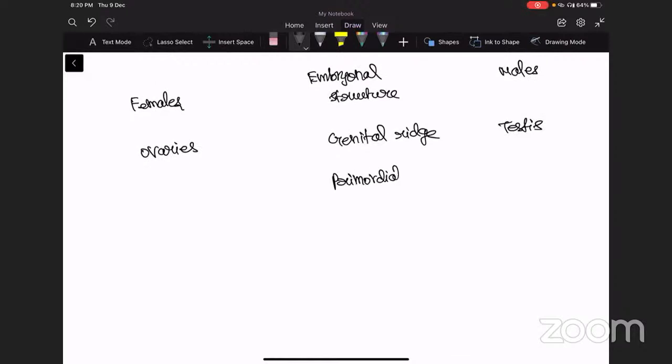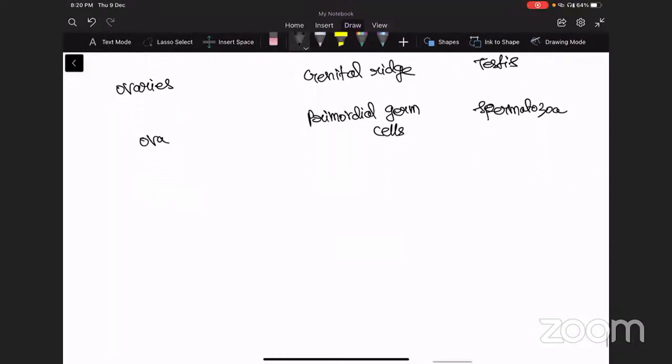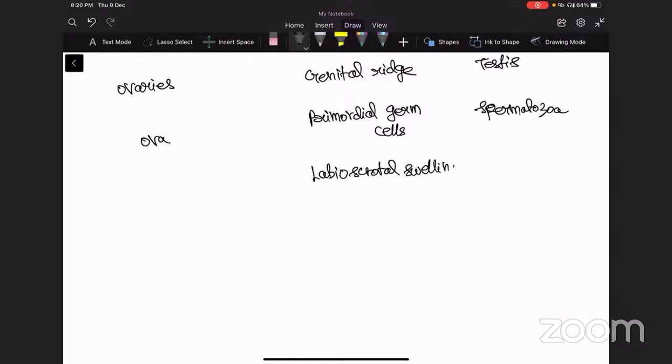Primordial germ cells: spermatozoa for males, ova in females. The labioscrotal swelling is analogous for scrotum in males. And what is it analogous for females?